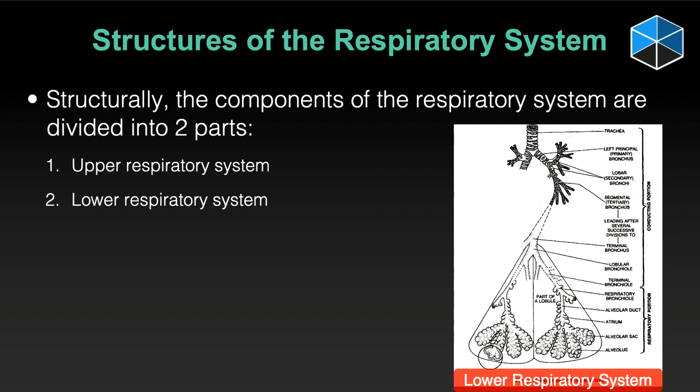What I want to focus on is the lower respiratory system, and a brief schematic of which is shown here on the right-hand side. So from the trachea on down is the anatomy, or the structures, that I would like to focus on in our discussions in class.